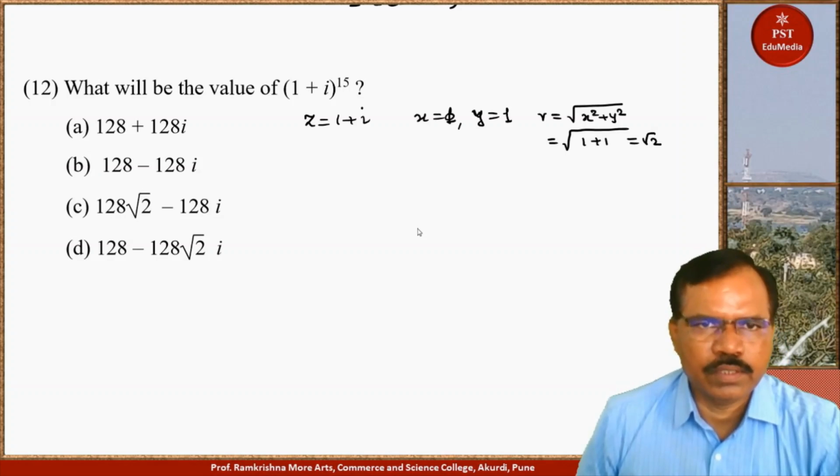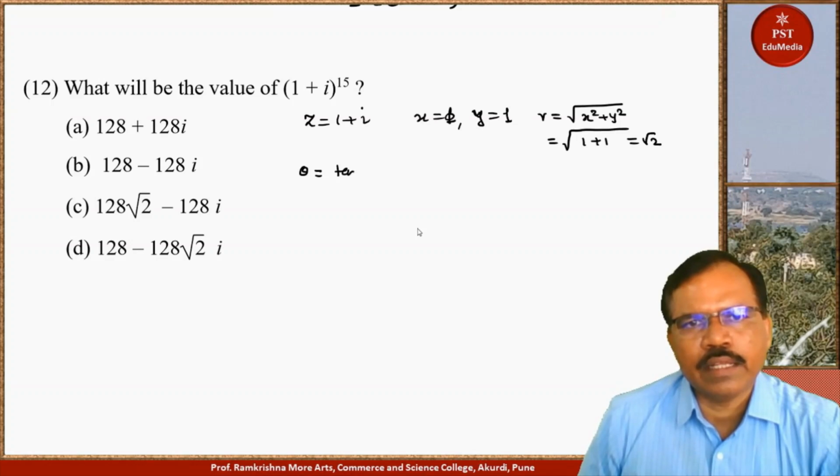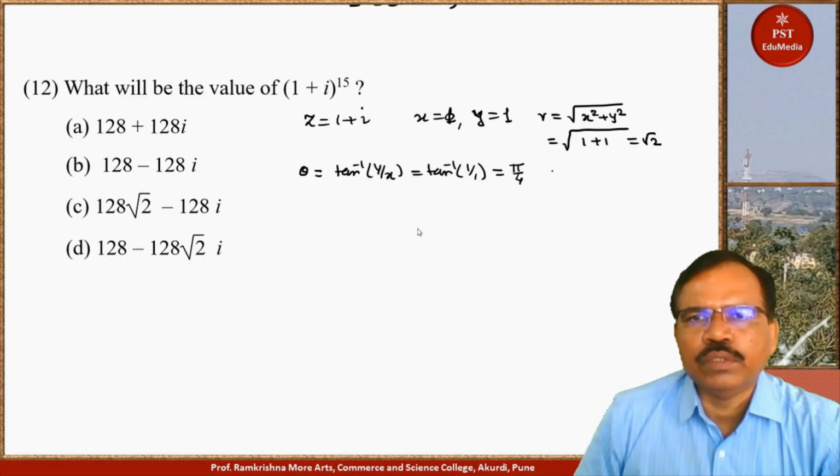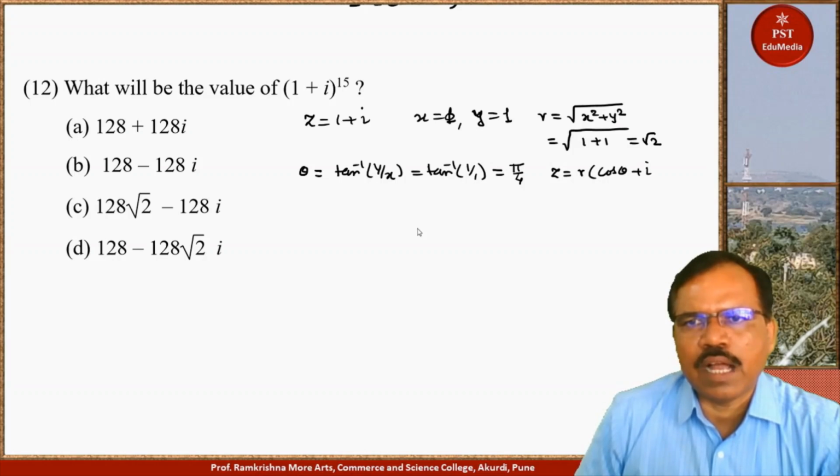And theta is equal to tan inverse y by x. So it is tan inverse 1 by 1, that is tan inverse 1, so it is pi by 4. And we know z is equal to r in bracket cos theta plus i sin theta.